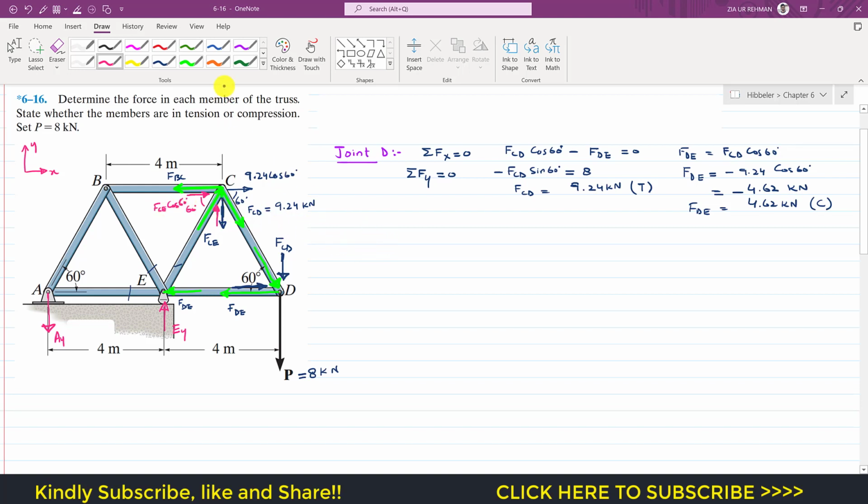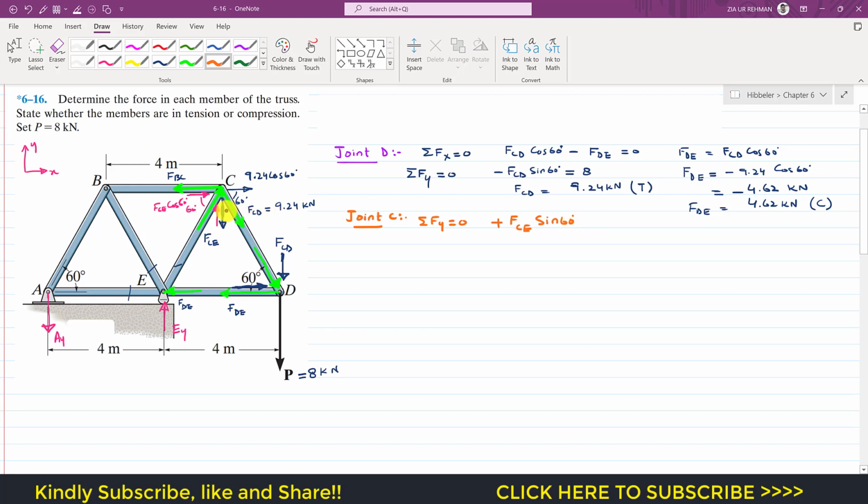So now if we consider joint C, and if we apply the summation of forces along the y-axis equals 0. As we can see, this FCE sine component is acting vertically upward. So I will write plus FCE sine of 60 degrees.